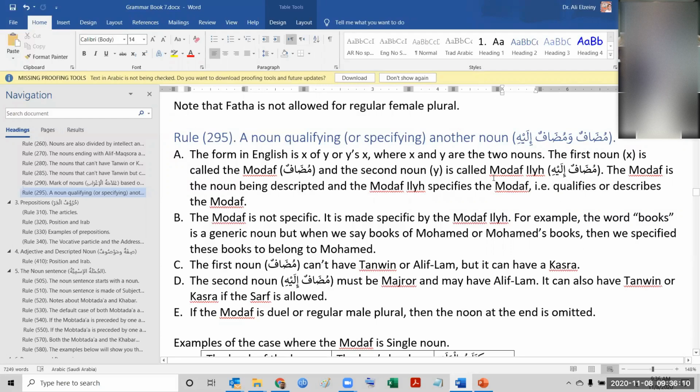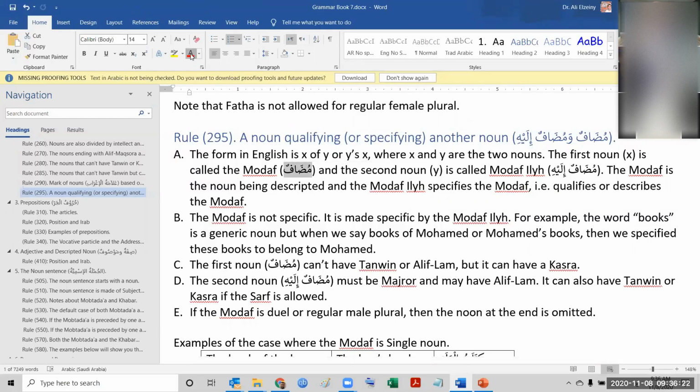So the first one is mudaf, and the second one is mudaf ilayh. So what are the rules?